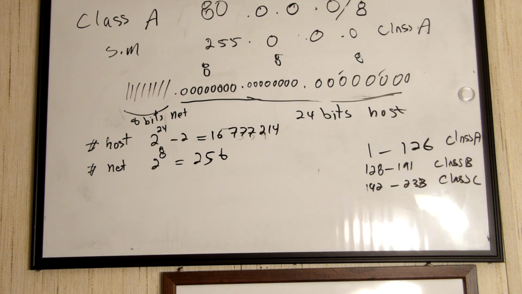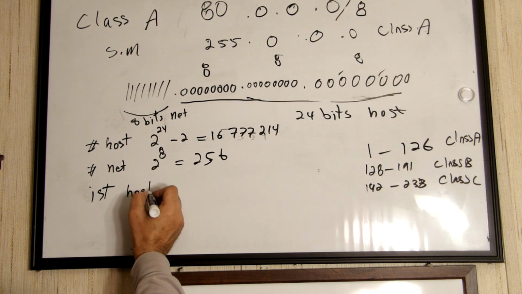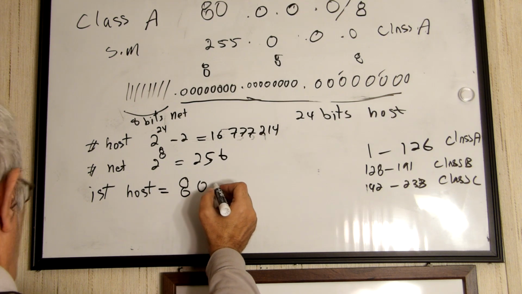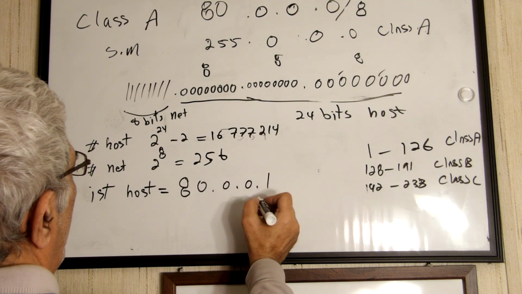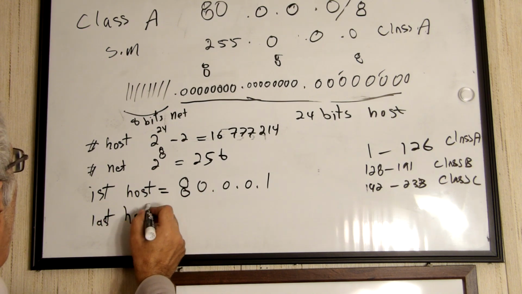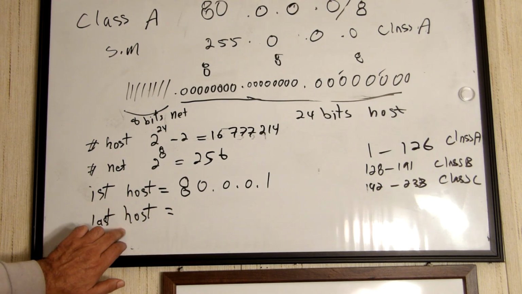What is going to be the first host? The first host is going to be 80.0.0.1. The first host, the last host. We're writing the IP address for the first host and the last host.